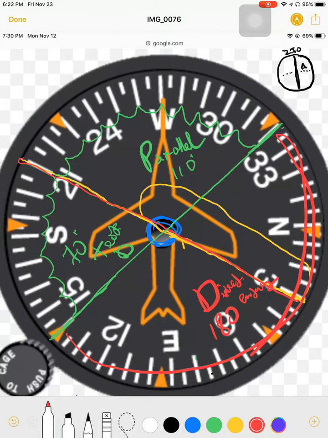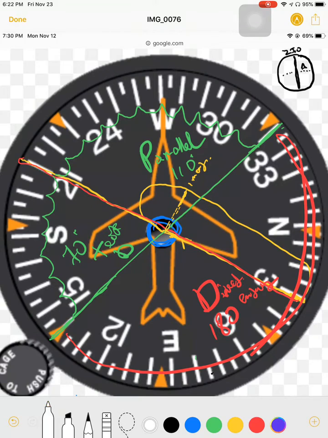And let's take a look now. So this is going to be 1 minute. Your 1 minute outbound time starts when the VOR goes over the cone of confusion, at this point.